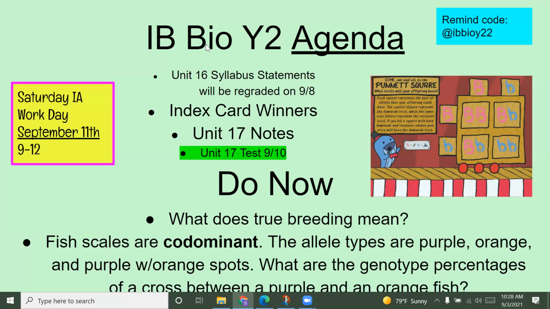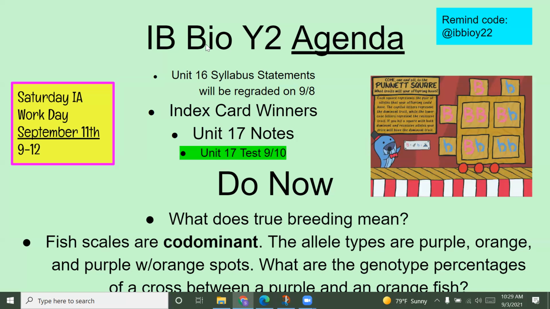We are crossing what? A purple fish and an orange fish. So Josie, what does our purple fish look like? What two alleles do we use for an all purple fish? C^P, C^P. Very good. And Heidi, what are we going to use for our orange fish?